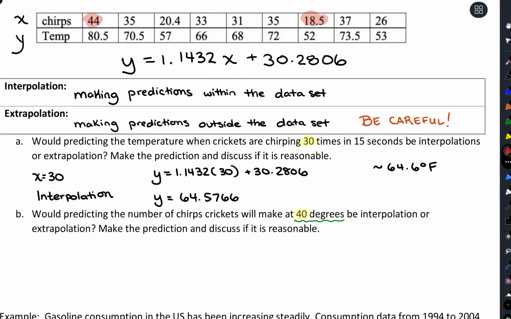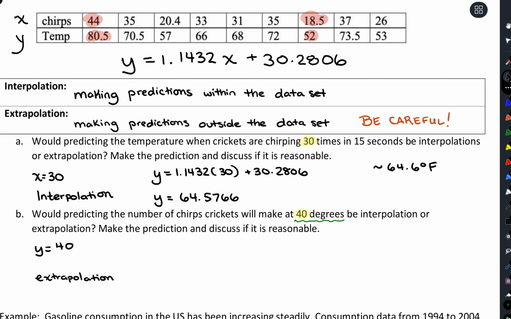So we have a lowest temperature of 52 and a highest temperature of 80.5. So 40 is outside of that range there. So with that, this would be extrapolation. So this one is telling us y is equal to 40, and this would be extrapolation.